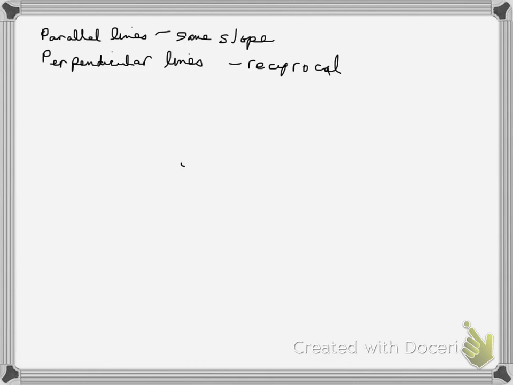So that means if I have a slope of my first line, and let's say it's -2/3, then the parallel line has a slope of also -2/3. But the perpendicular line to the first line would have a slope of not negative now, but positive, not 2/3, but 3/2. Okay.